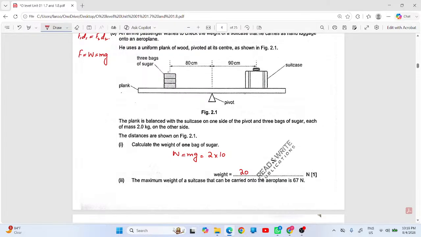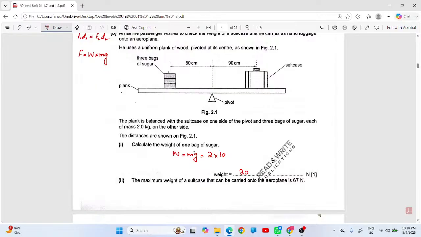In this picture we have a pivot, we have a plank, on the left side we have 3 bags of sugar, and on the right side we have a suitcase. The distance from the pivot is 90 centimeter for the suitcase and 80 centimeter for the 3 bags of sugar.